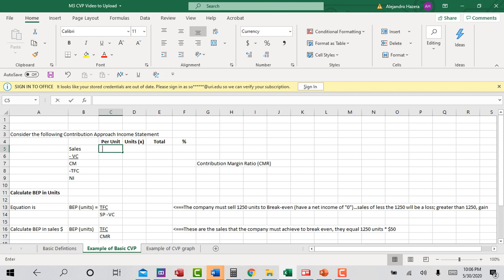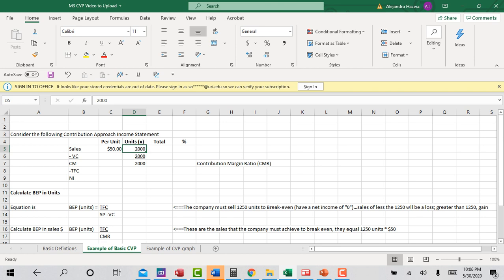Okay, so let's say your sales price, SP, by the way, your sales price per unit is $50. And let's just assume that the number of units you're going to produce is 2,000 units. So here we go, 2,000 units.